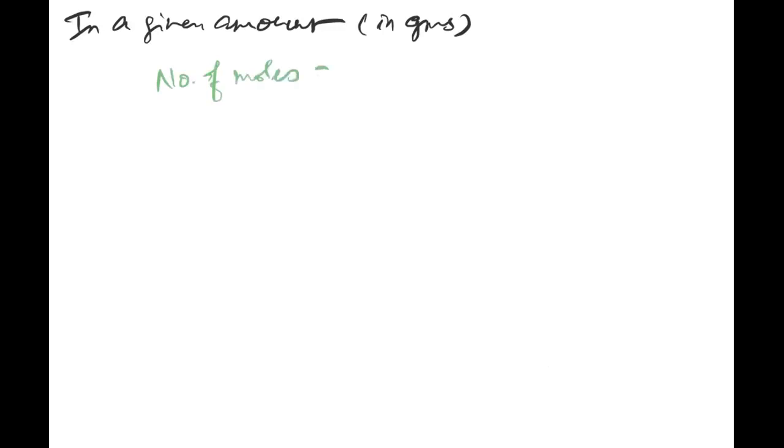So overall, in a given amount, let's say this amount is given in mass, in grams. So for a given amount, which is given in grams, number of moles is amount given divided by molar mass.